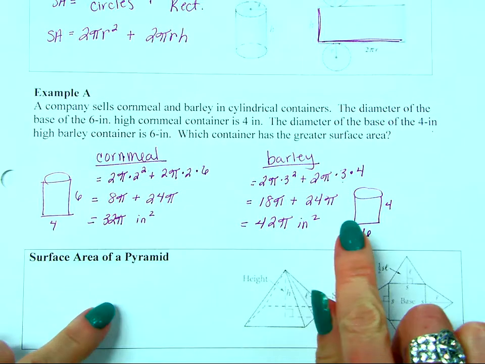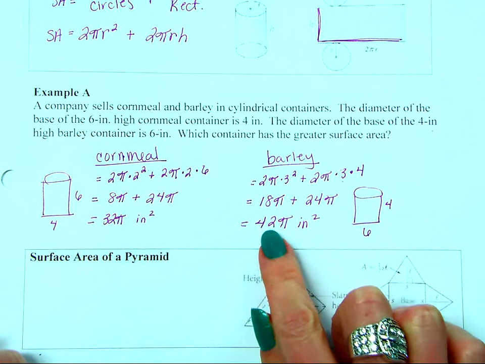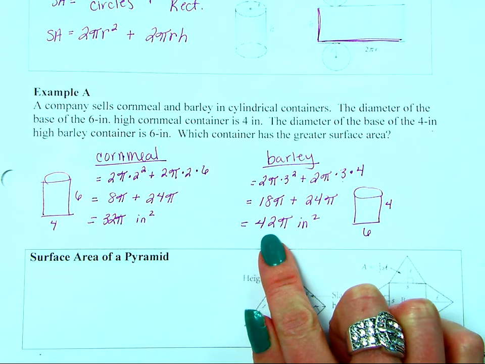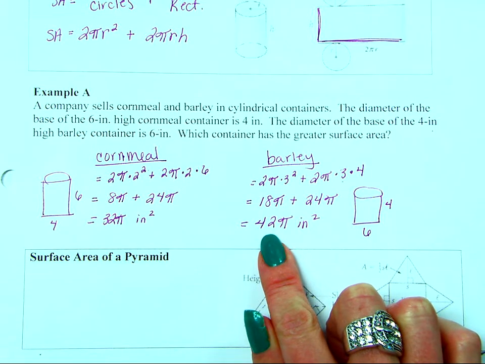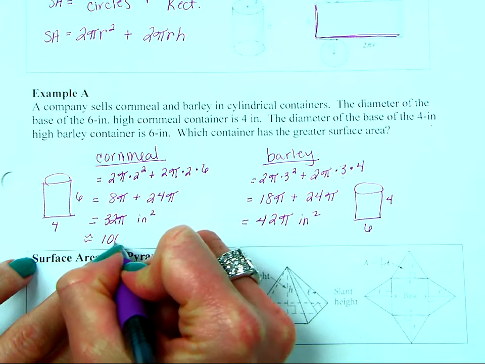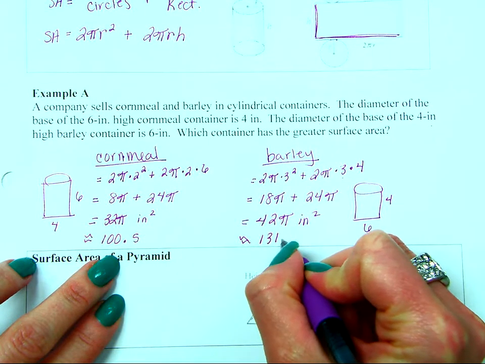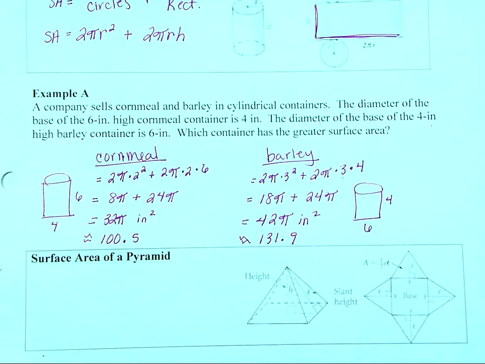So it so happens that my container that's a little bit shorter, fatter, is going to have a larger surface area. My barley container is about 10 pi more. If we had calculated these out, this one comes out to roughly 100.5, and this one is about 131.9. So we can see about 31.4 square inches difference.